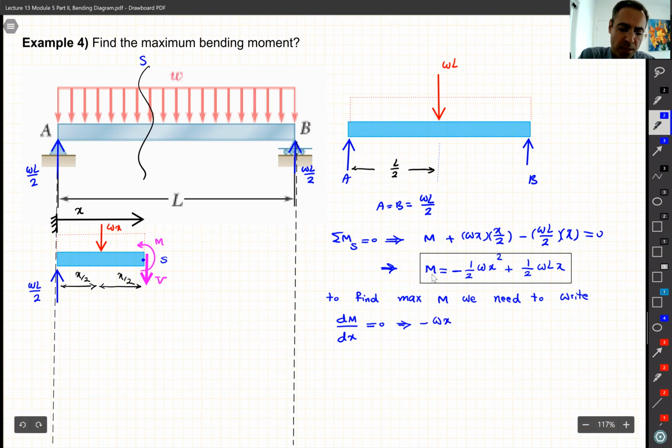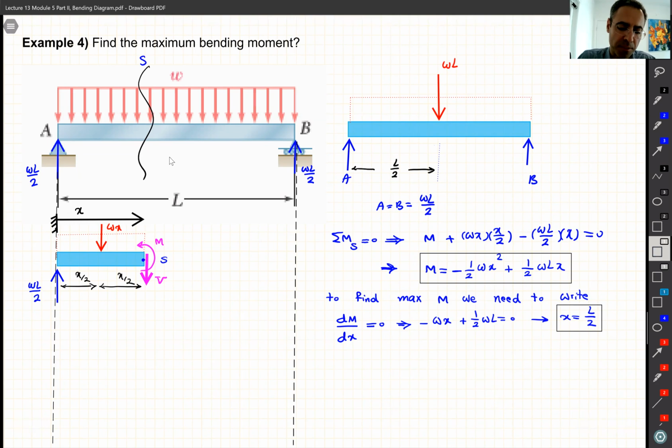It gives us minus Wx plus half of WL equal to 0. From here, x is L divided by 2. So it means the maximum bending happens in the middle of this beam. It was obvious. We know if you have this beam, it's going to sag maximum in the middle, but we just want to make sure the math also confirms it. And at this point, we know V is equal to 0, right? Because dM divided by dx, in fact, is V.